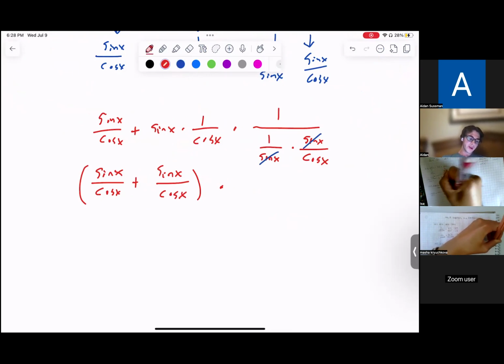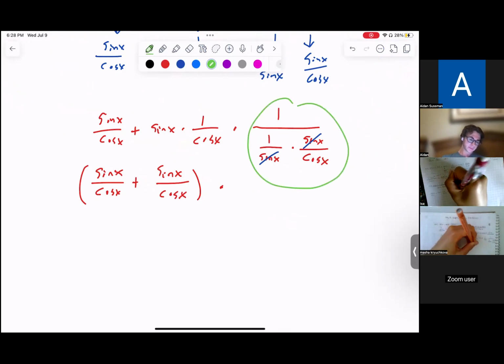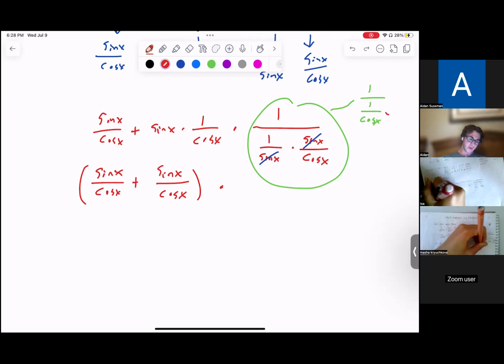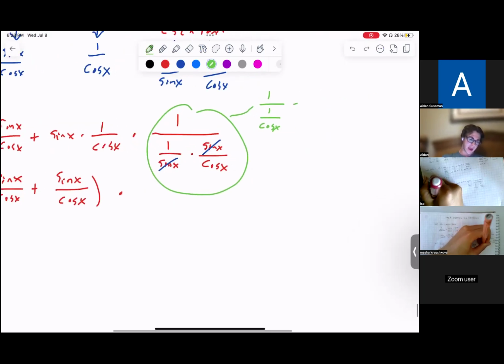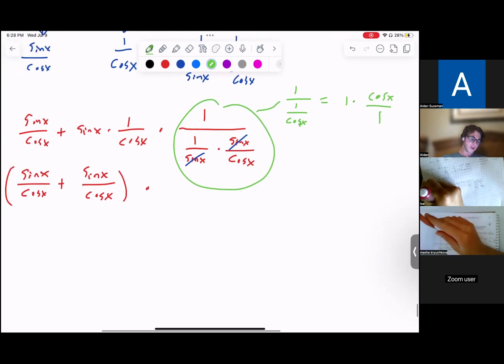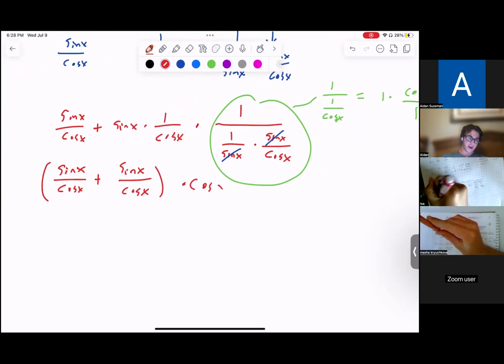So it's just 1. So this thing becomes 1 over cosine of x. But I'm not going to write it like that because it's kind of messy. I'm just going to write it with the cosine, right? This is the same thing as 1 times cosine of x over 1, which is just cosine of x.